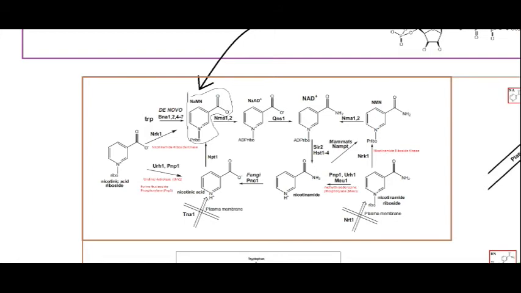And so this can then be turned into nicotinic acid adenine dinucleotide. So then that can be turned into the NAD+, and this is sort of the point of vitamin B3, to make this, which is used for redox.